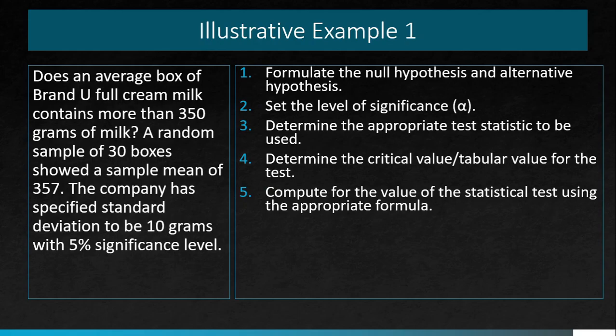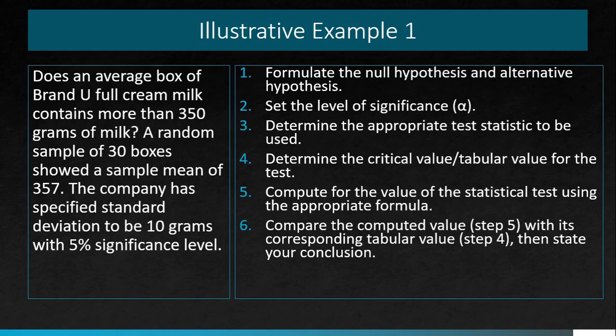Then number 5, we will compute for the value using the given data from this case, and using the formula which was presented to you a while back. Next, you will compare your critical value or tabular value and your computed value, and then you will state your conclusion.